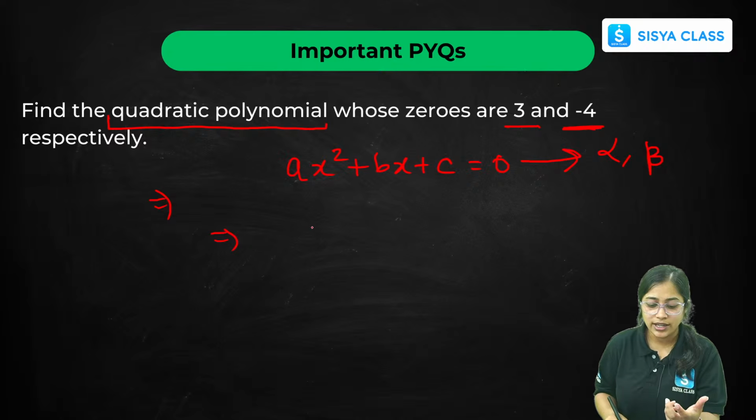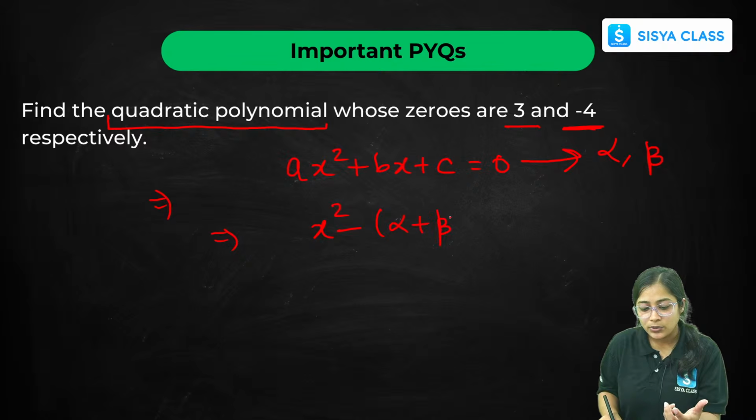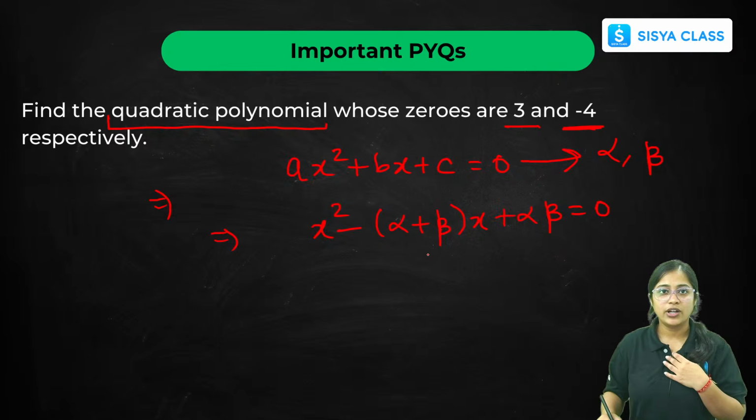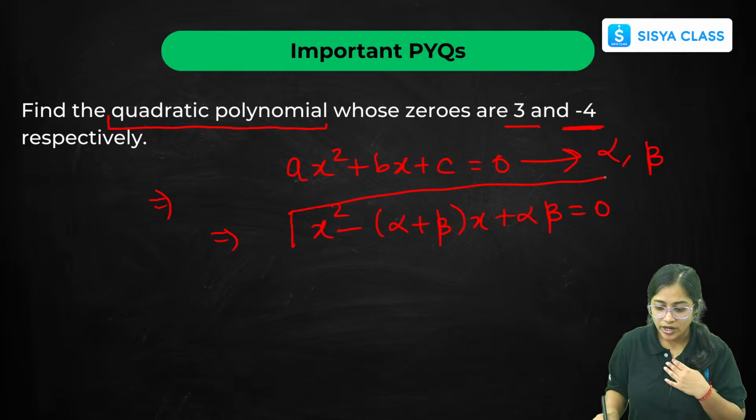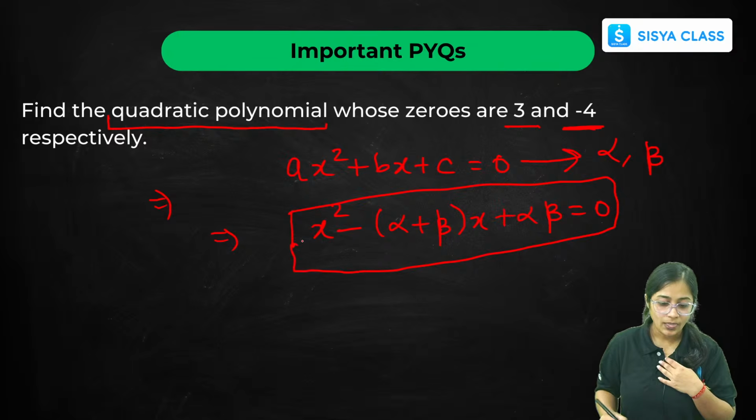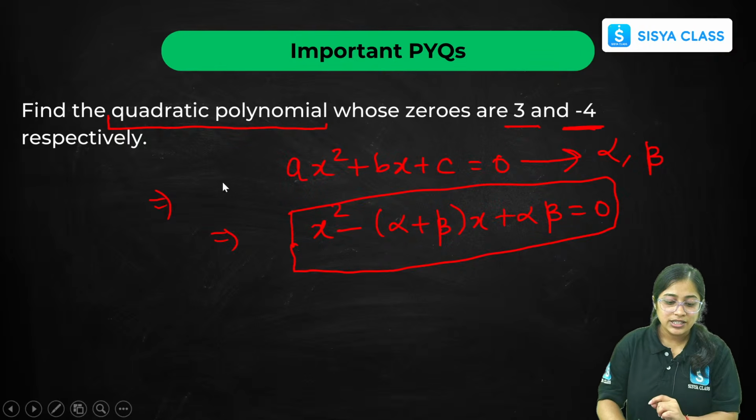So you can write it like this: x square minus (alpha plus beta) x plus alpha beta equal to 0. Okay, so if the roots of your quadratic equation are alpha and beta, then this is the quadratic equation you have.